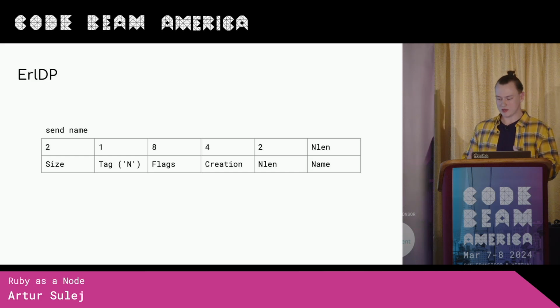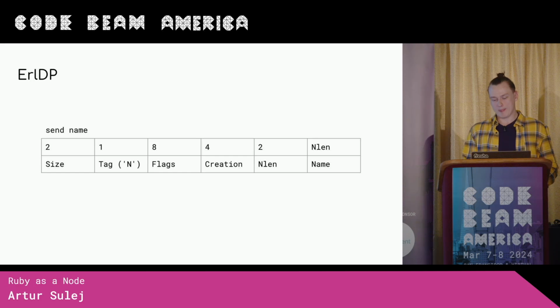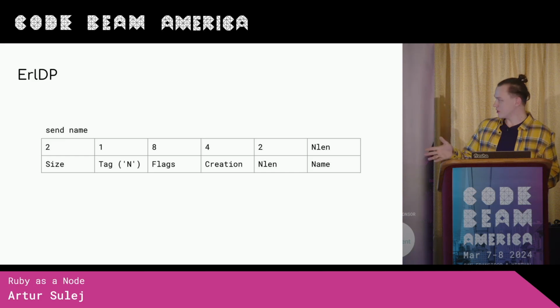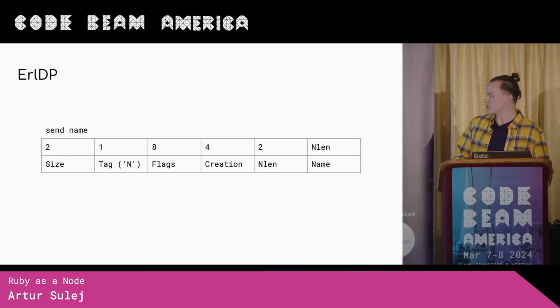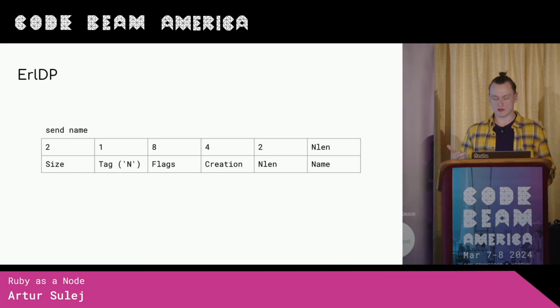So to maintain compatibility, the nodes establish between themselves which features are allowed and can be used. So the flags field contains this information. Then there's creation, which is the timestamp of creation of the node. Then the length of the name field and the name itself, which is the name of the node that is introducing itself to the other node.